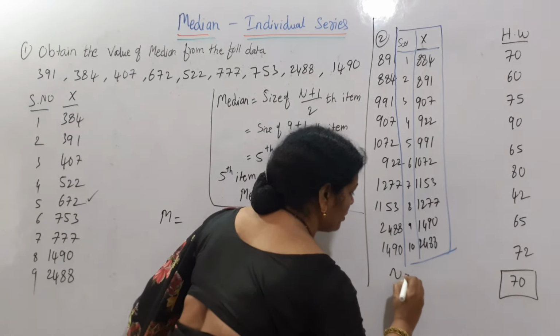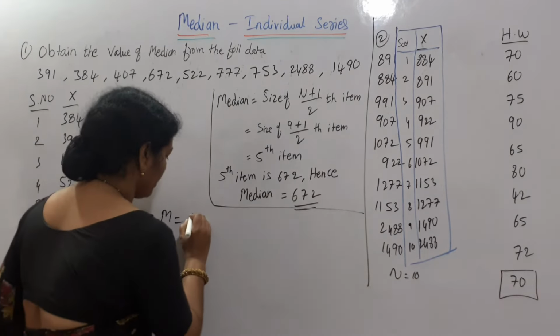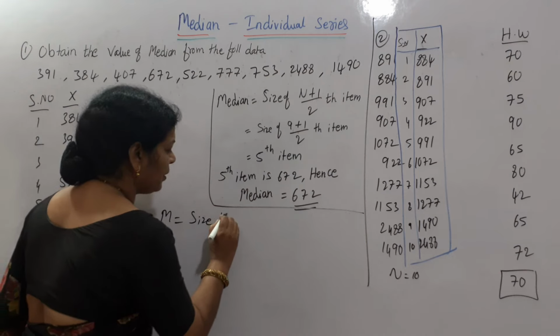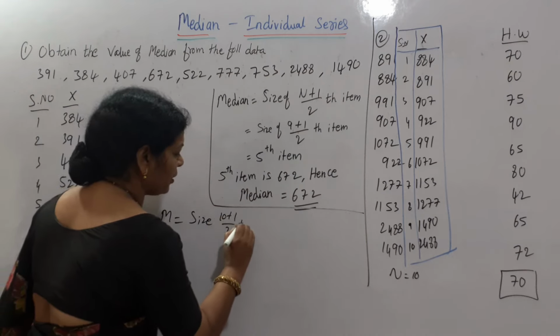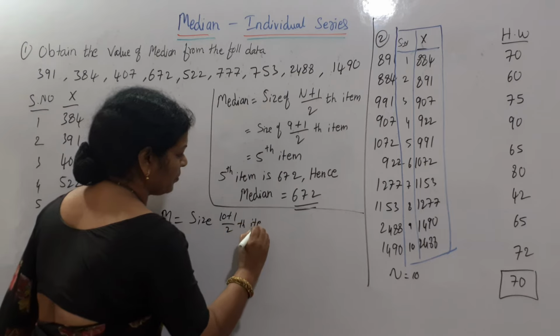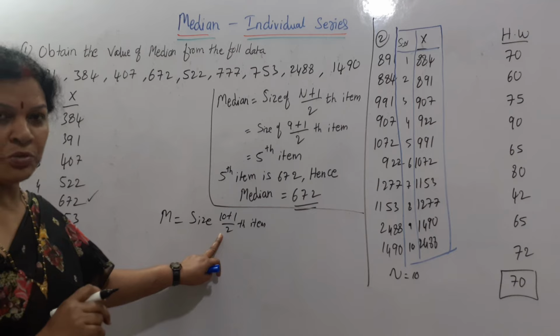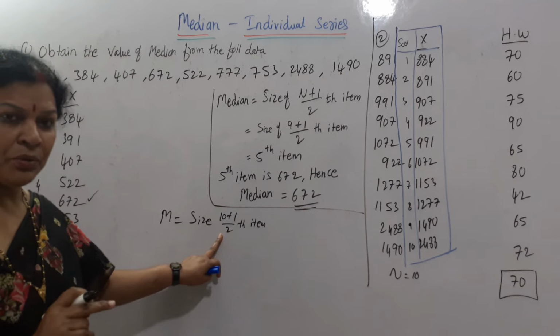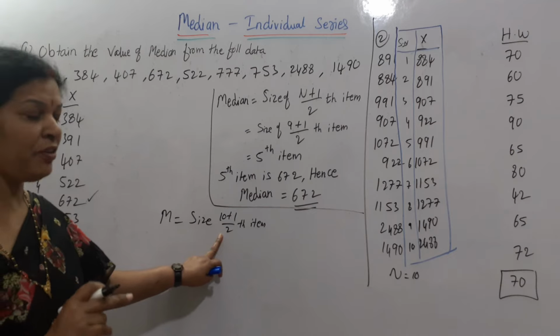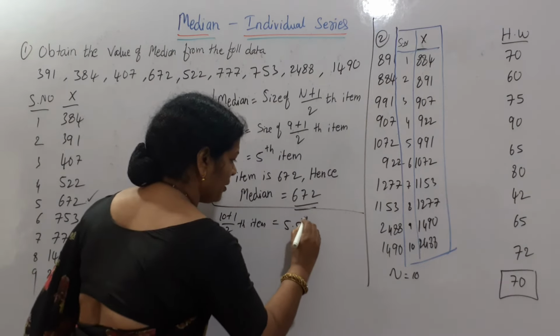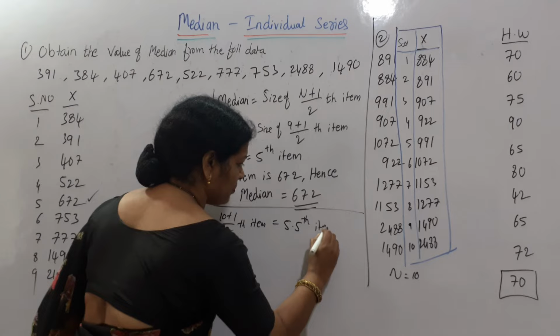So, n is 10, no? 10 plus 1 by 2th item. So, this is 10 plus 1 by 2, it comes to 11 by 2. 11 by 2 comes to 5.5th item. So, 5.5th item.